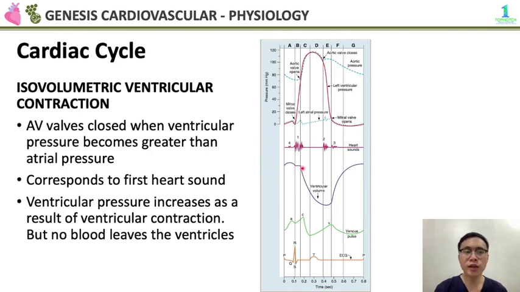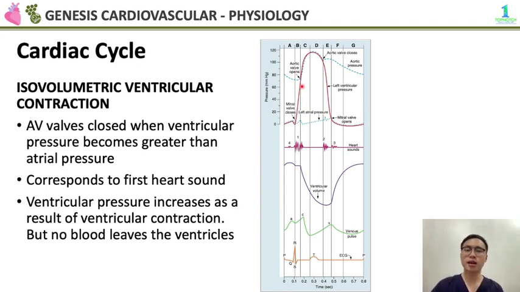Okay. So during isovolumetric ventricular contraction, the ventricles do contract, no, as evidenced by the ECG. Nakita nyo may QRS, di ba? And you know that the QRS will represent ventricular contraction. But what will happen? Dahil sarado pa ang aortic valve, ano mangyayari? Tataas lang ang pressure sa LV, pero hindi mag-escape yung blood. Sarado yung valve eh. 'Di ba?